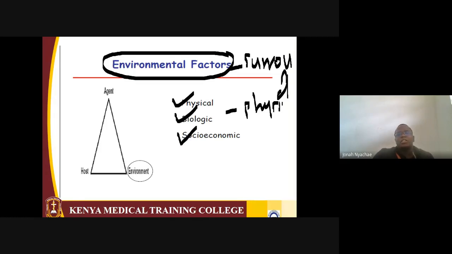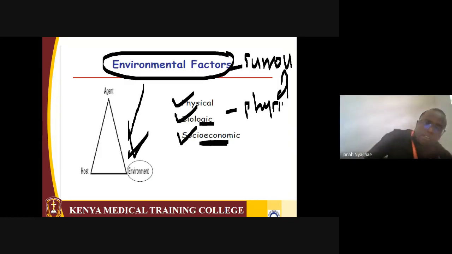We can classify them as environment. Physical, for example, dark rooms; biological, organisms that are existing. Socioeconomic, if a person is poor, they are likely to have malnutrition and therefore a high likelihood of contracting diseases.